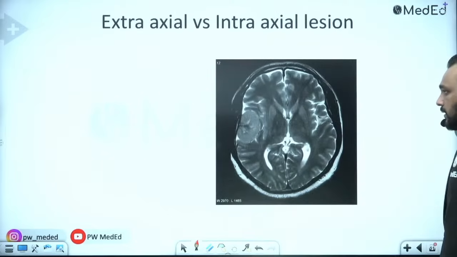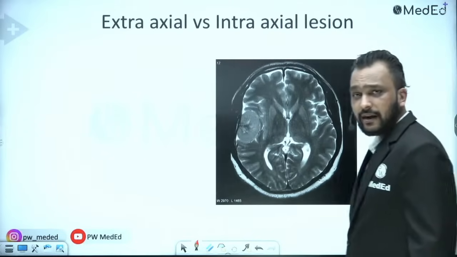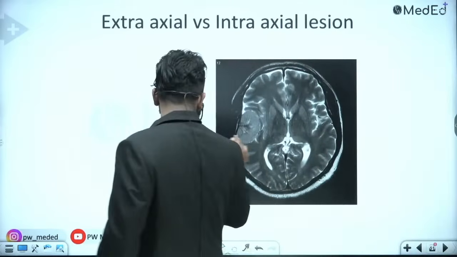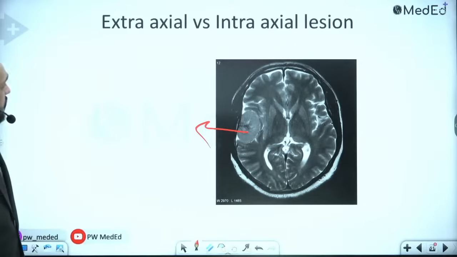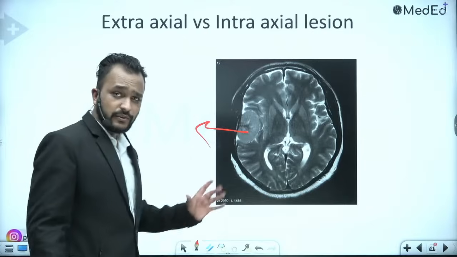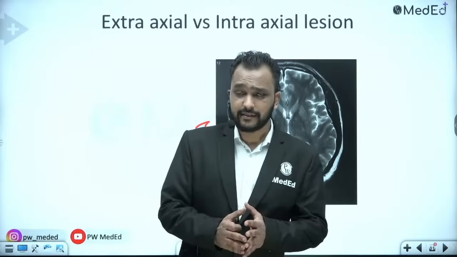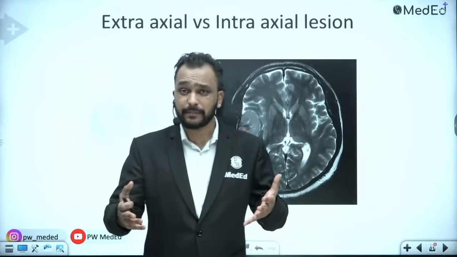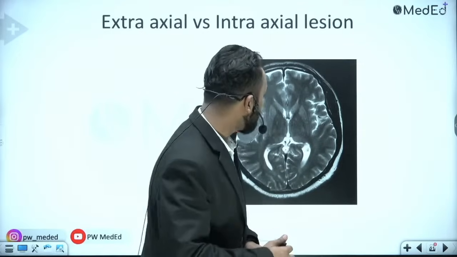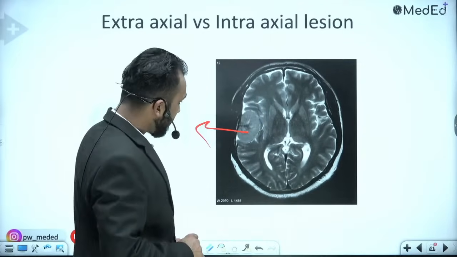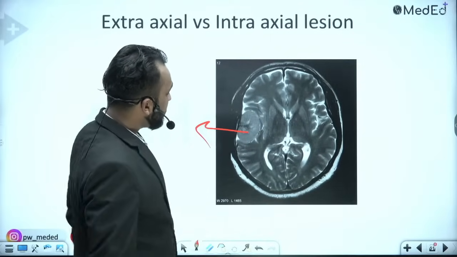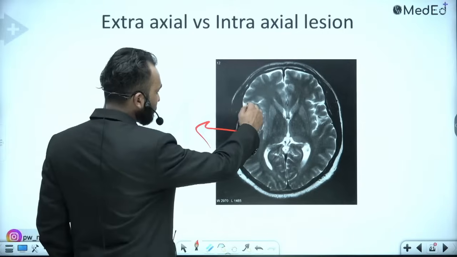So let us quickly look at the various imaging findings in the brain tumors. First of all, we should know how to differentiate between an extraaxial and intraaxial lesion. Extraaxial means that the lesion is lying outside the brain tissue, so it will be surrounded by CSF.